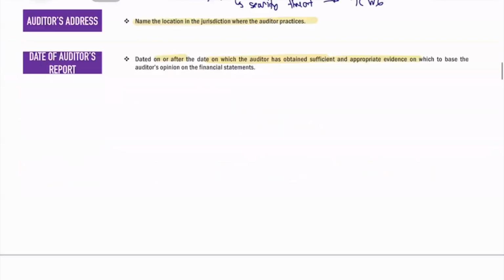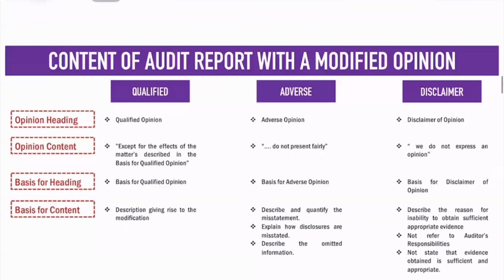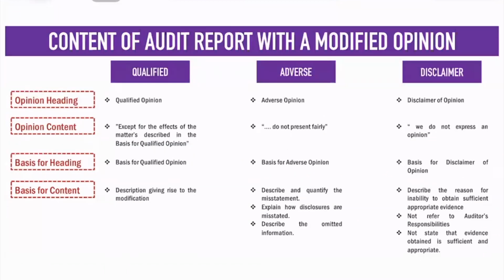If the report is considered modified, then there is a difference. First, as to the opinion heading. For qualified, of course, we use qualified opinion instead of unqualified opinion. As to the content, always remember to start with "except for." Normally, we place an "except for," and we also have a basis. So the basis heading, we call it basis for qualified opinion, and the content is the description giving rise to the modification.